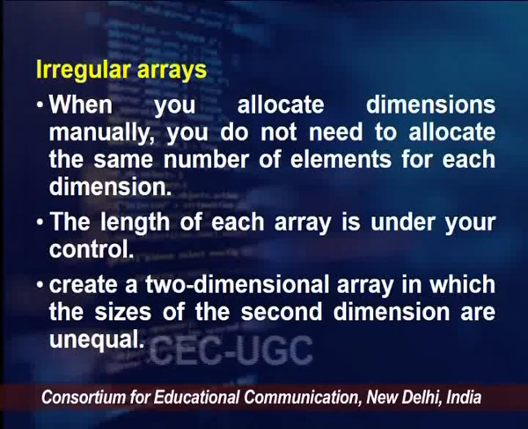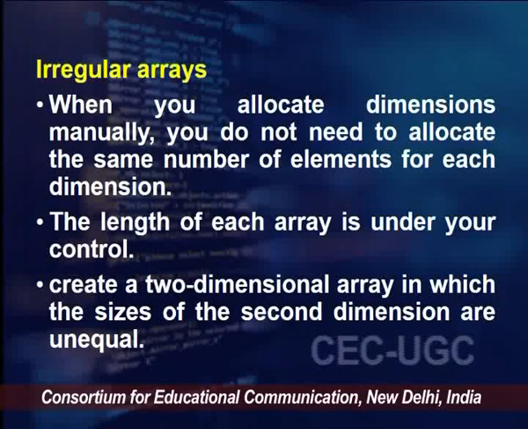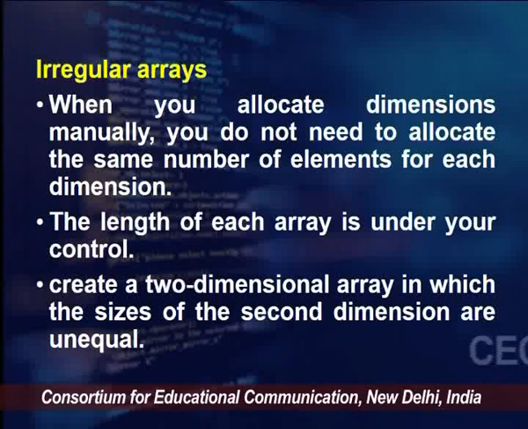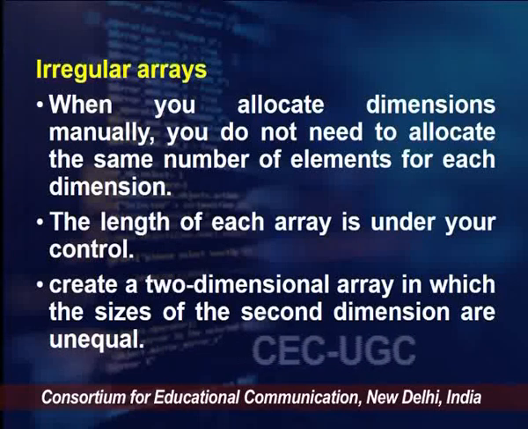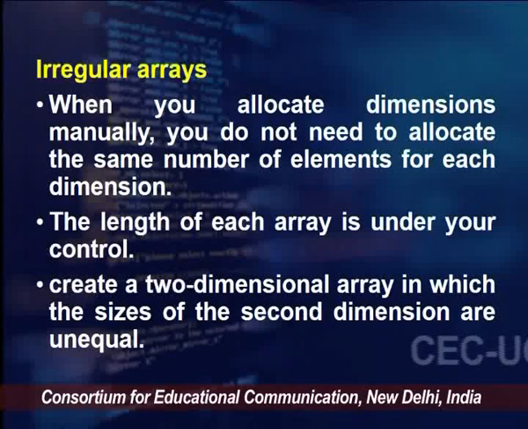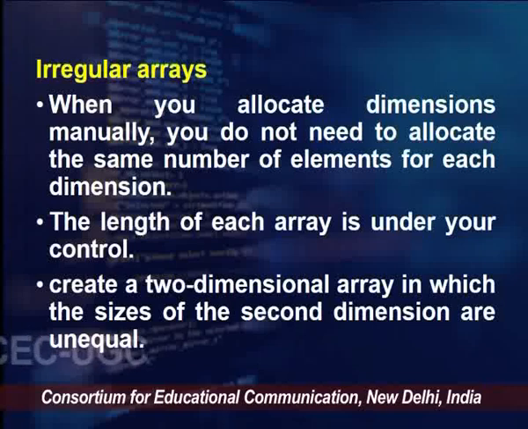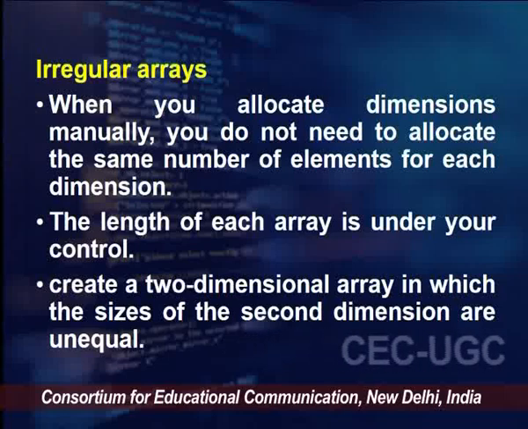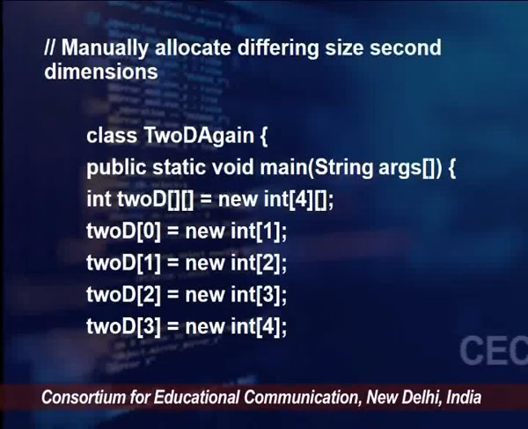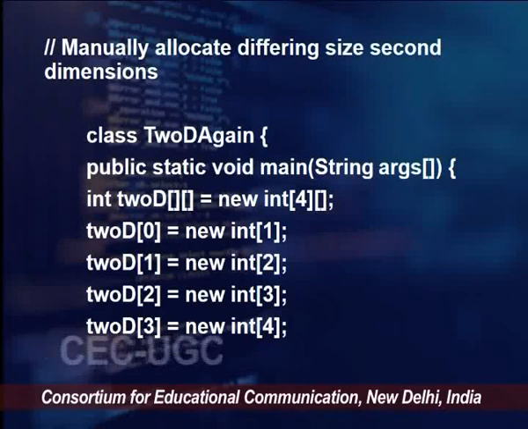In order to create a two-dimensional array in which the sizes of the second dimension are unequal, we will use a technique in which the first dimension is specified when it is declared, and the second dimension is specified manually.